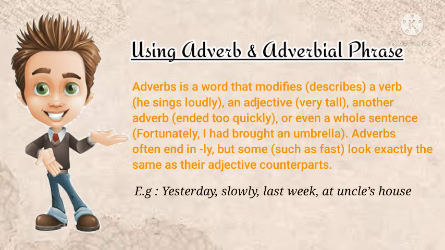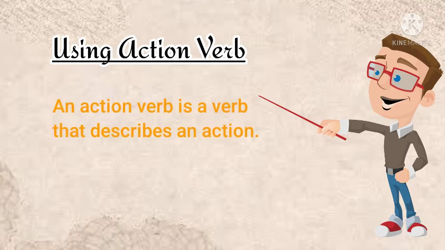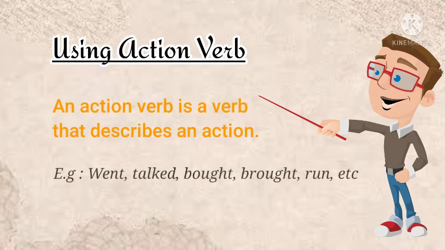For example, yesterday, slowly, last week, at Uncle's house, and etc. And the next one is using action verbs. An action verb is a verb that describes an action, like went, talked, bought, brought, run, and etc.